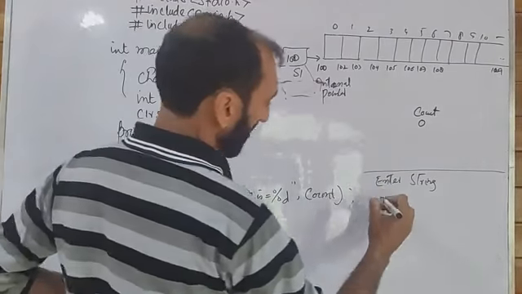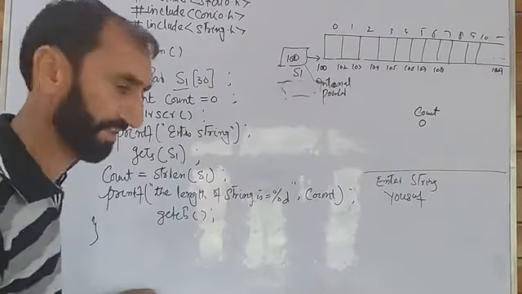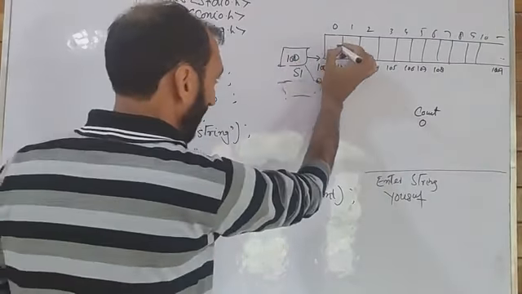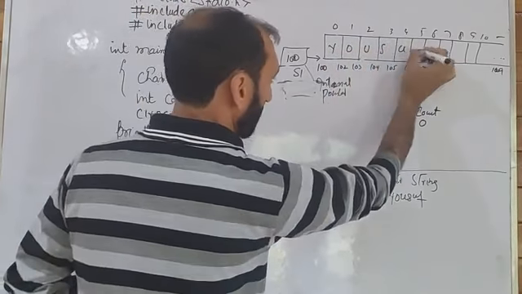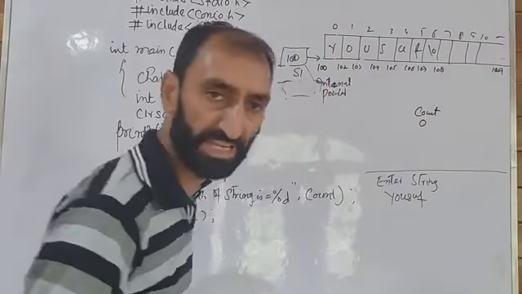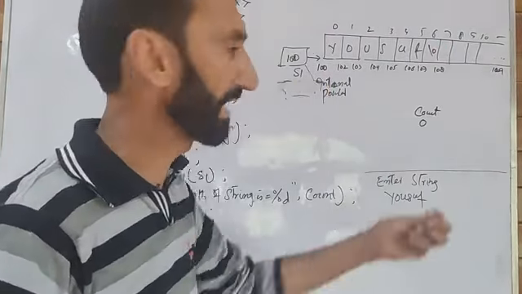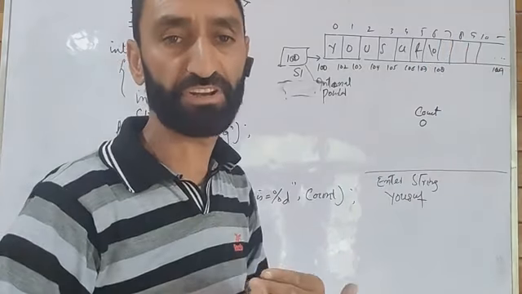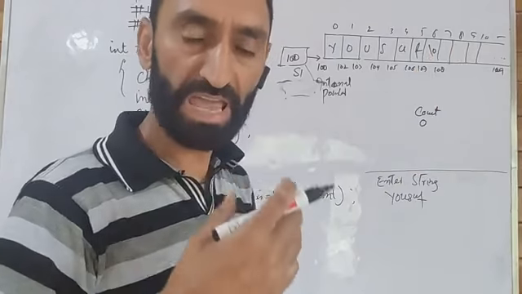For example, enter Yousuf. It will get stored in this memory: Y, o, u, s, u, f. The last one is obviously the null character, which indicates the end of the string.